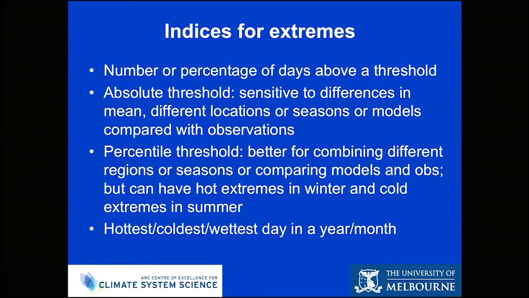The other type of index which is used is often the extreme hottest or coldest or wettest day in a year or in a month. And all of those types of indices are available in these ETCCDI indices.